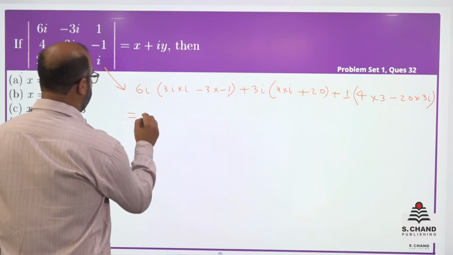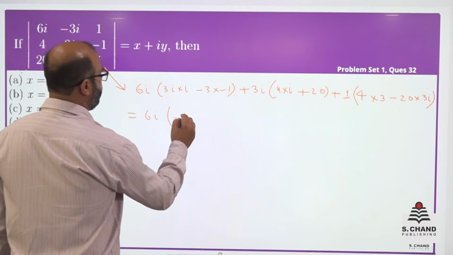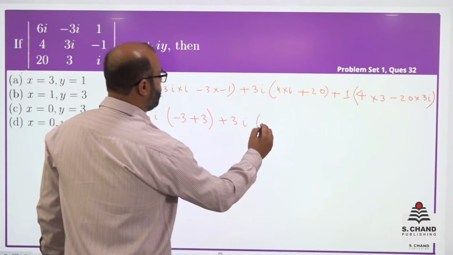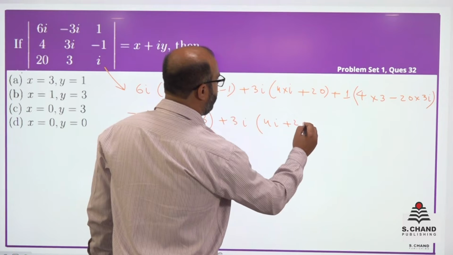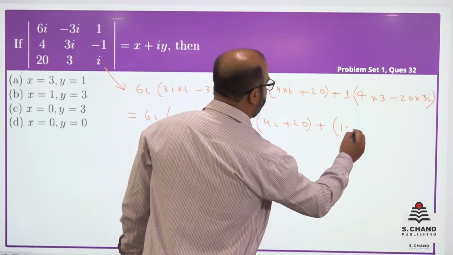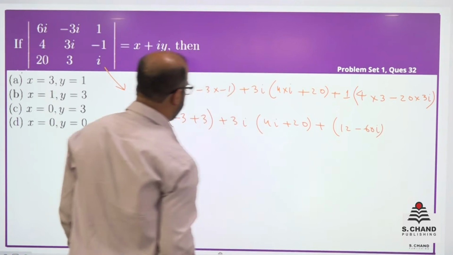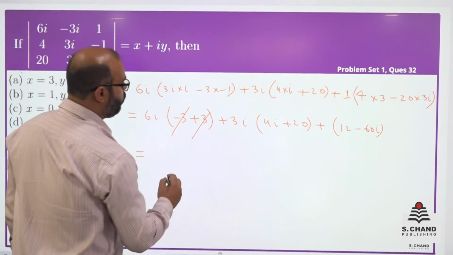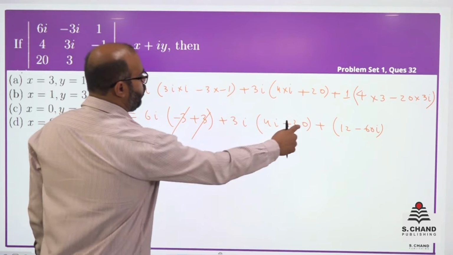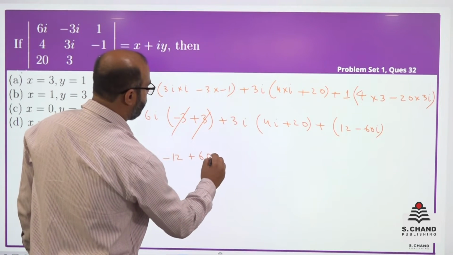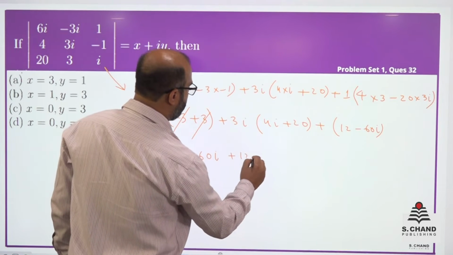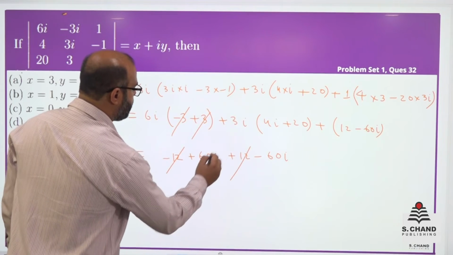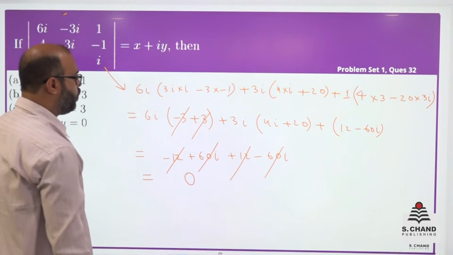So this will become 6i, 3i square will be minus 3, this will be plus 3, plus 3i, this will be 4i plus 20, this is plus 12 minus 60i. First this becomes 0, 3i into 4i will be minus 12, 20 into 3i will be 60i, and from there it is plus 12 minus 60i. So as you can see, minus 12 and 12 cancel, 60i and minus 60i cancel, you get 0.